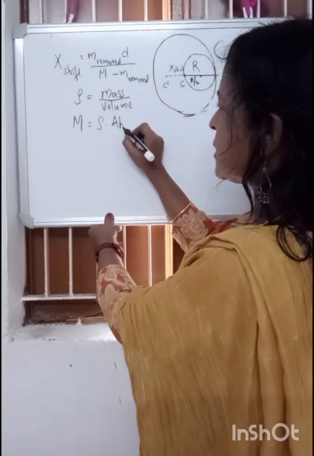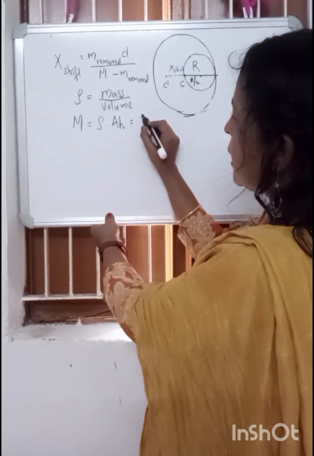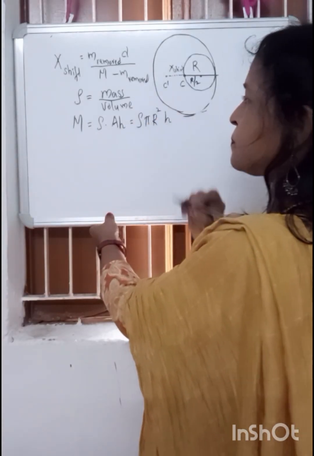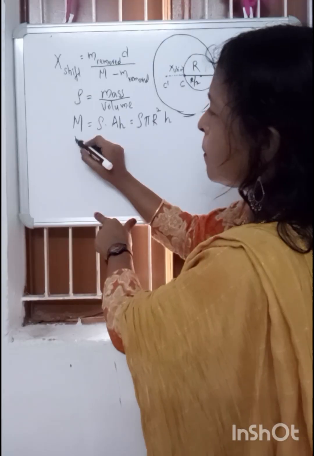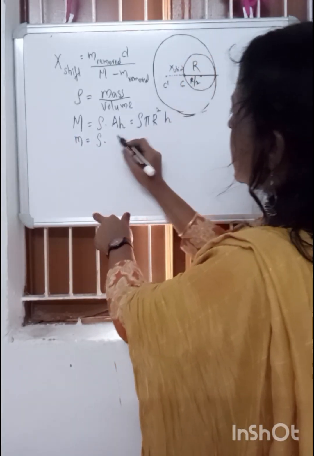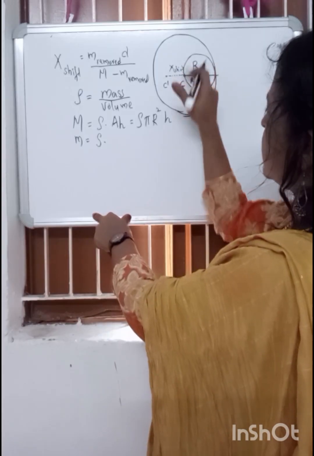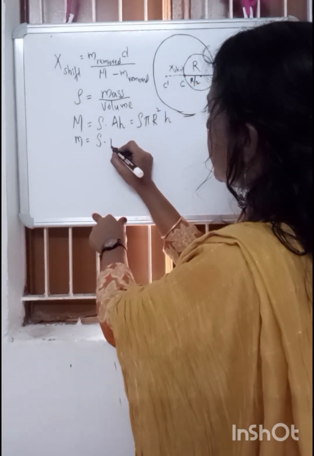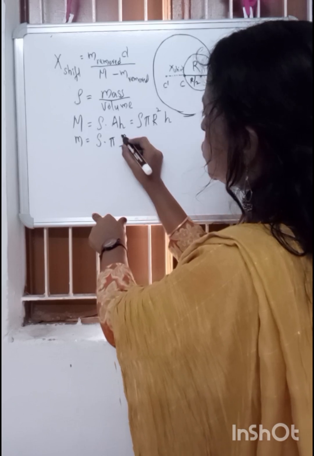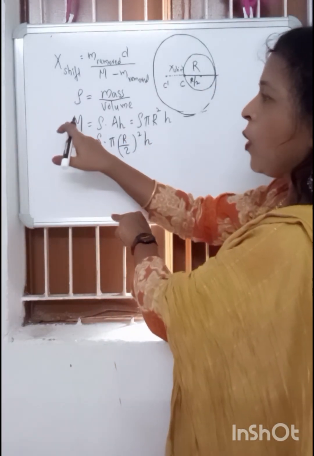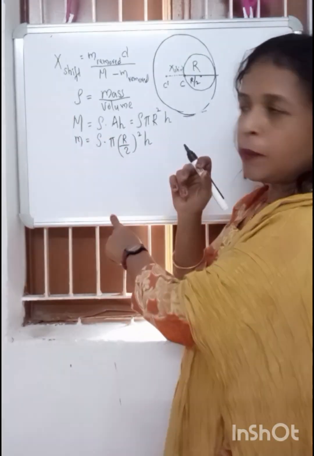Suppose the thickness is h. What is the area? Pi r square h. What is the mass removed here? Rho into the area of the mass removed, whose radius is r by 2, so pi into (r by 2) square h. So we got the total mass and mass removed.